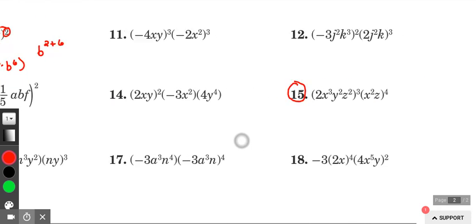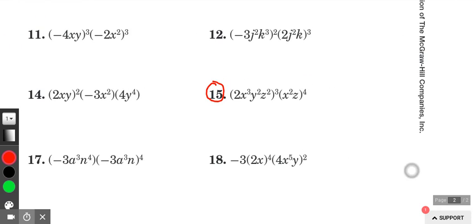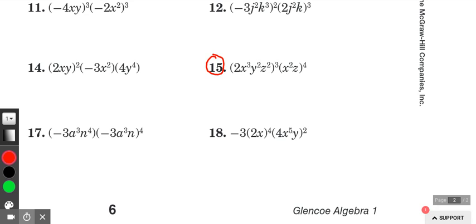Last one that I want to go ahead and go over with you guys is number 15, because this one is a little bit larger than the other ones. So let's go ahead and let's start here. So for this first one, yes, I have the power property, power of a product, okay, because this 3 is on the outside.